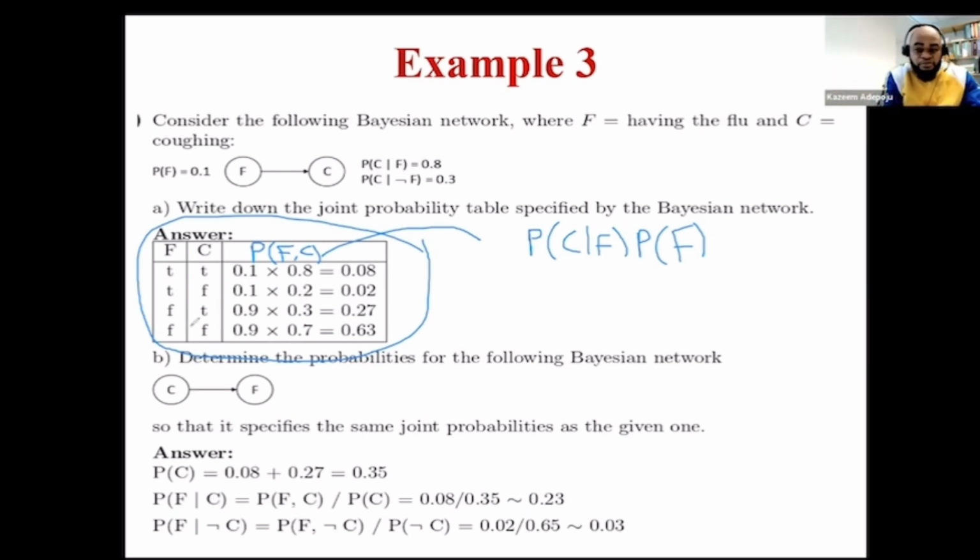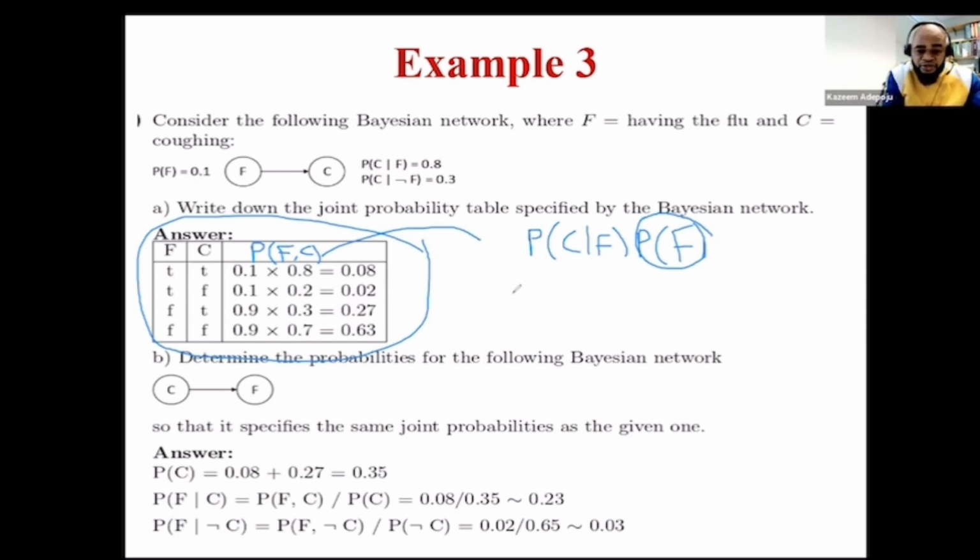Now, for the 4 possible levels, you're actually going to use a tree diagram. It's more or less like you have a coin, true or false, and you toss it twice, right? You're going to have true true, true false, false true, and false false. If I want to decide on true true, the probability of having the flu is 0.1.